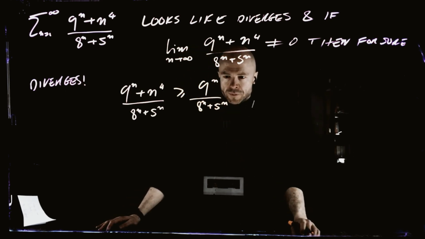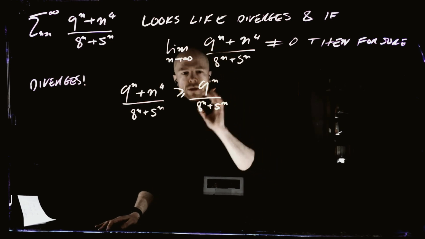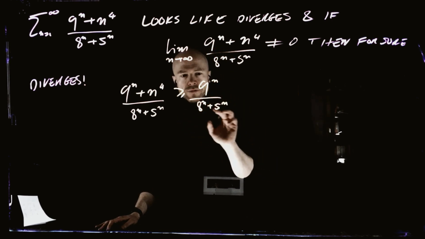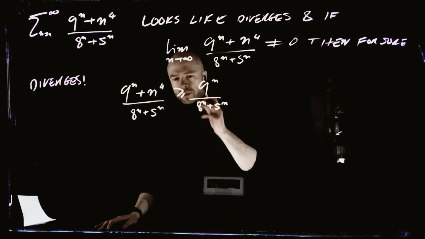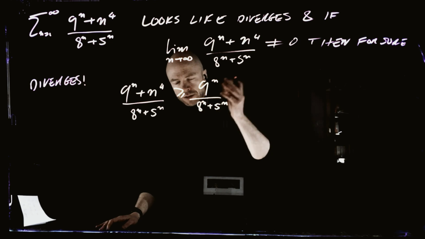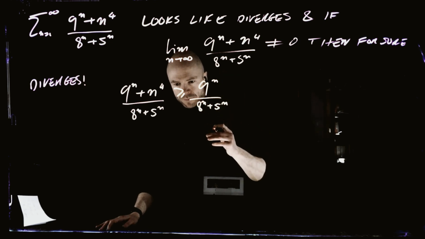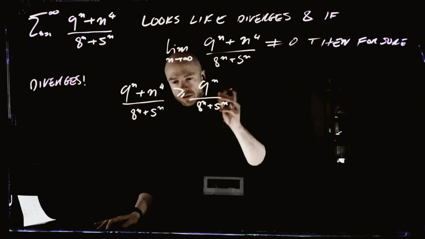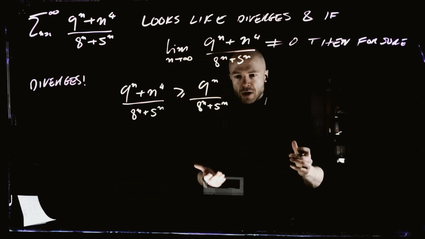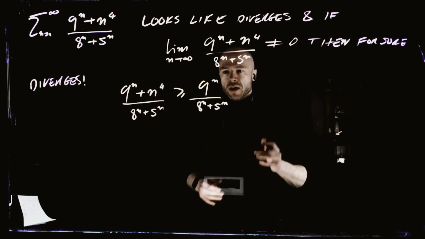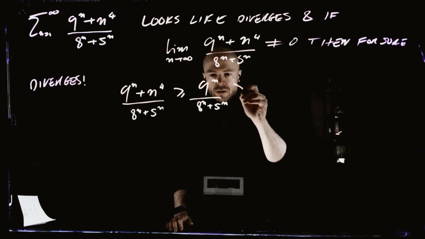That's definitely true. What makes it a little bit harder to understand is that we have this term on the bottom. If we just had 8 to the n on the bottom, it would be easy, because then it would just be (9 over 8) to the n, which is blowing up. But we can't just ignore this term because it does make the fraction smaller, so we can't just drop it off, because we want to bound this from below.